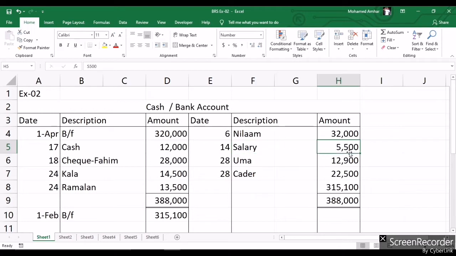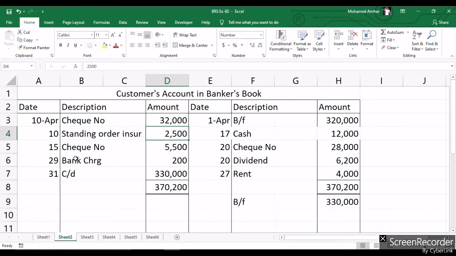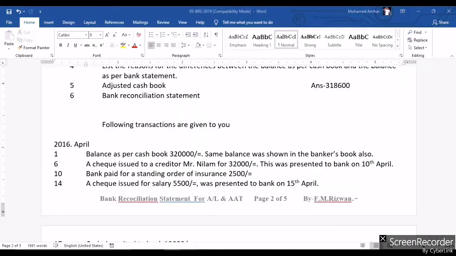The check issued amount is 5,500, but it was presented to the bank on 15th. So on 15th, the check number and the amount paid by the bank is 5,500. Right.